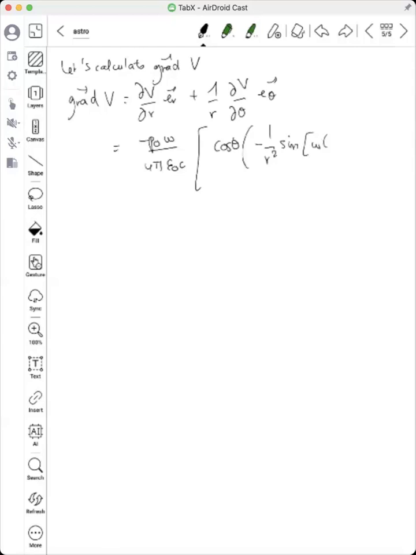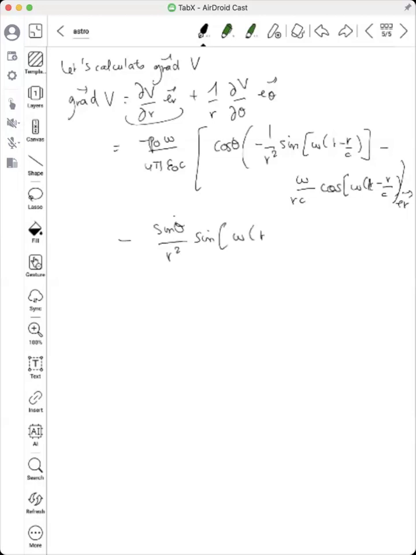Sin of omega t minus r over c, minus omega over rc cos of omega t minus r over c. This is with an e_r, right? So this is just the first term here. And here I have another term, which is sin theta over r squared, sin of omega t minus r over c, e_theta. Okay?